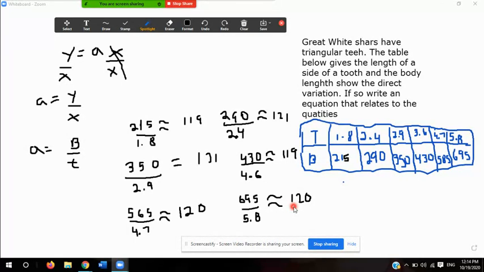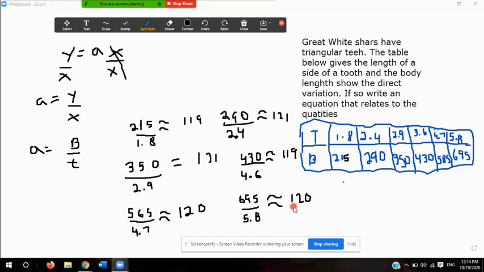If you look at 215 divided by 1.8, and this is me getting the precise values, you get 119.44. So basically, if you look at your answers, the numbers that are 121, like for example 290 and 2.4 and 350 by 2.9, are 121, but the majority of them have a ratio between 119 and 120.